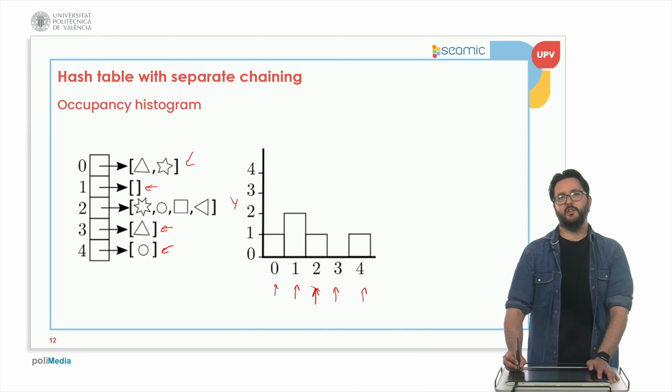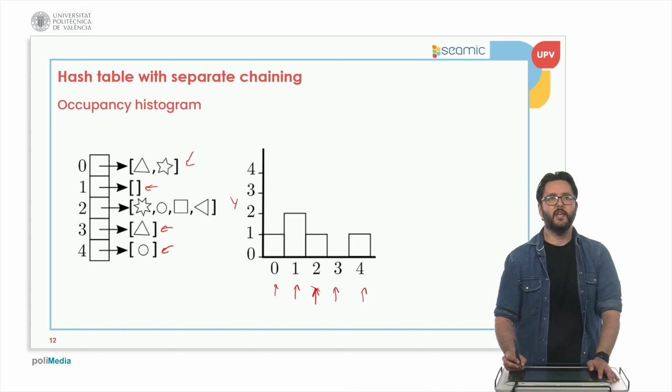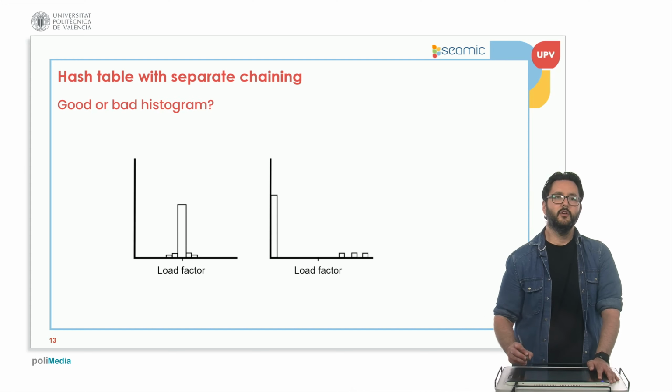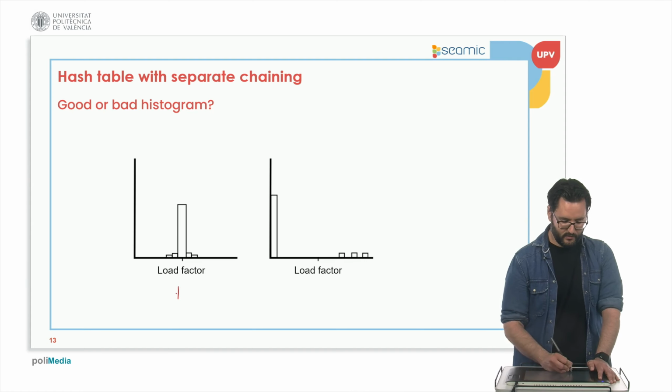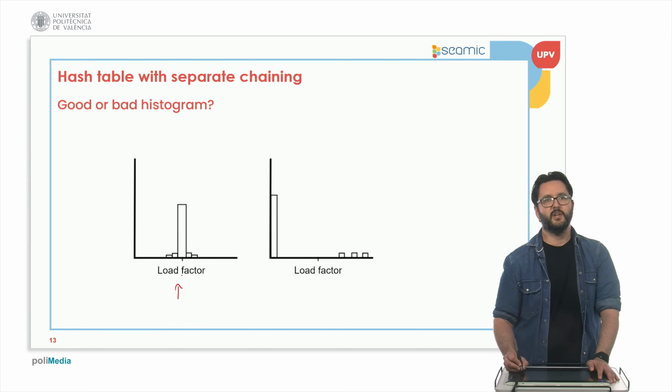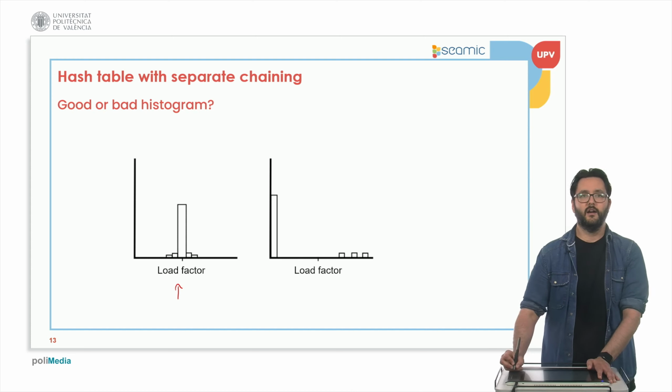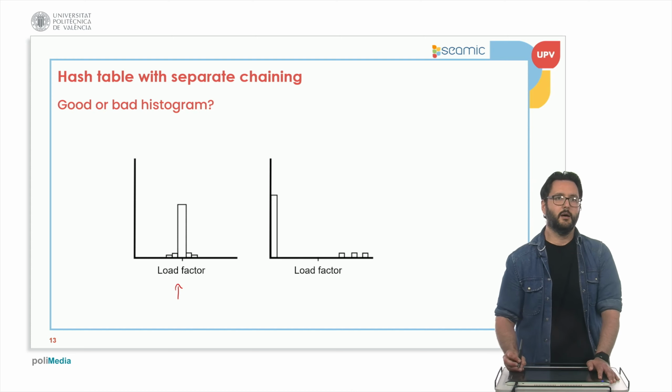If we plot this histogram for the tables that we have seen before, we get these histograms. In this case, this is the expected behavior, a histogram that reflects that almost all the buckets are around the load factor. This is a balanced hash table.